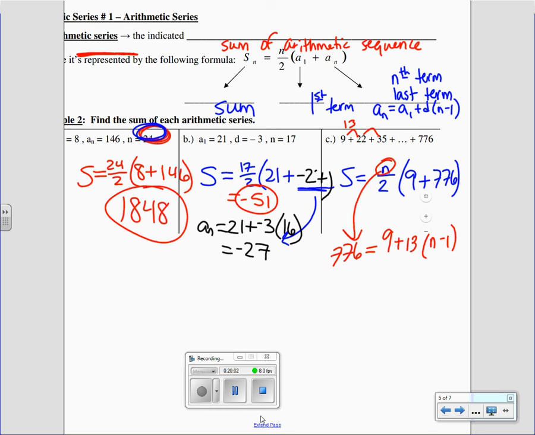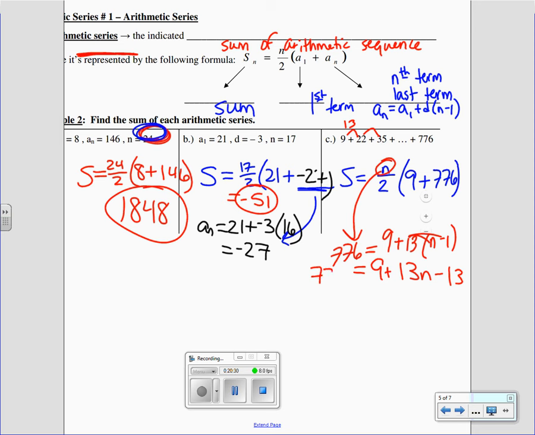Chandler, what do you do next right here? What's something that can move? Good. So that gives me 13n minus 13.